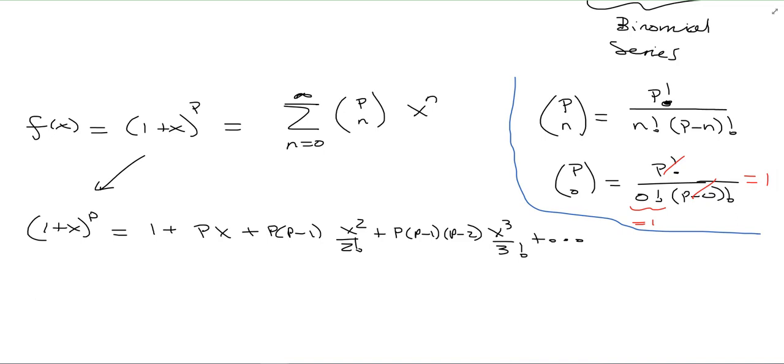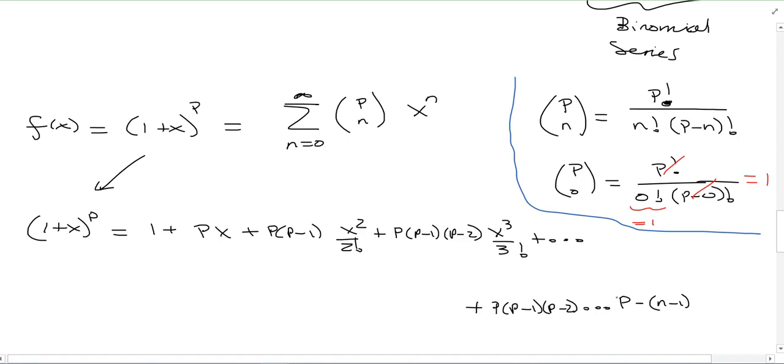And what's our last term? The last term was essentially p times p minus 1, p minus 2, dot dot dot, p minus n minus 1, times x to the n over n factorial. And then this keeps going.